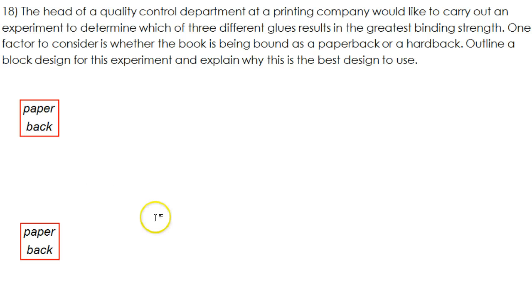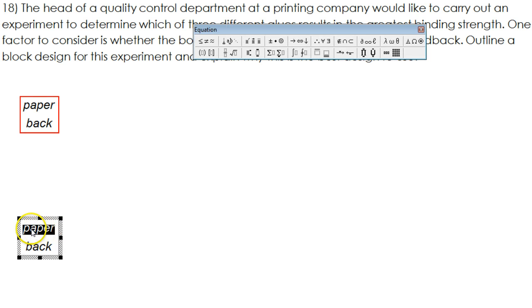The block design is where you basically have two different parallel experiments running, one for each category. So this is going to be the best design to use in this situation because we have two different kinds of books. We have paperback and we have hardback.